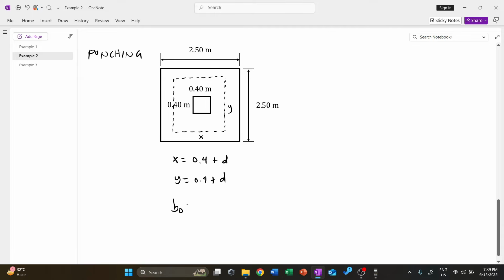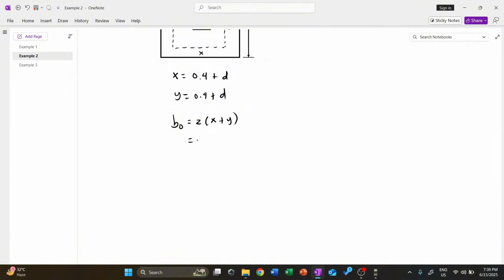Then our B sub O is equal to 2x plus y. Let's substitute everything: 2.4 plus d plus 0.4 plus d.